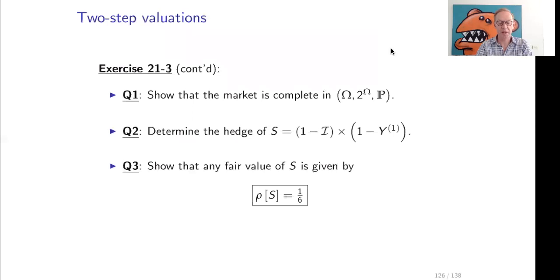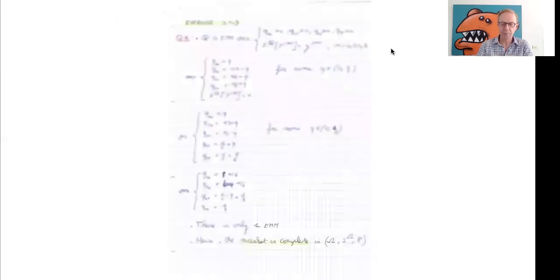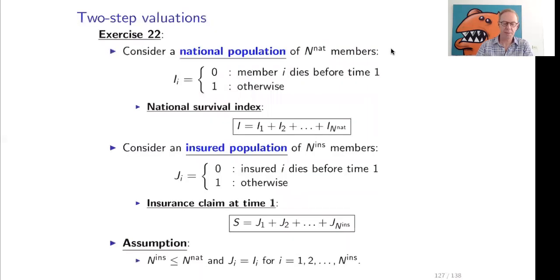So we found the hedge of S, and now we show that the fair value of S is given by rho(S) = 1/6. Anything is hedgeable, so also S is hedgeable. So the fair value of S can just be the financial market value of S, which is unique and must be 1/6. The proof is given here.